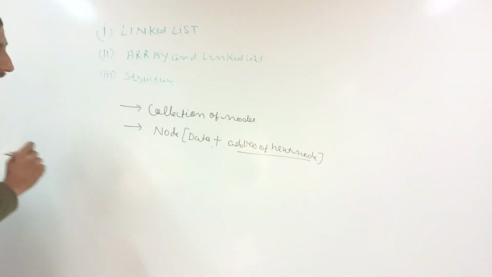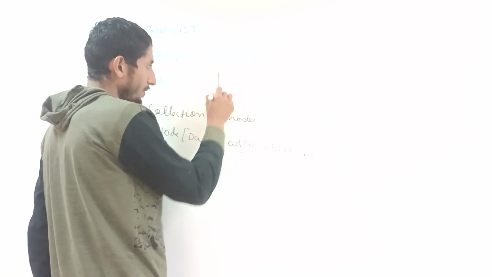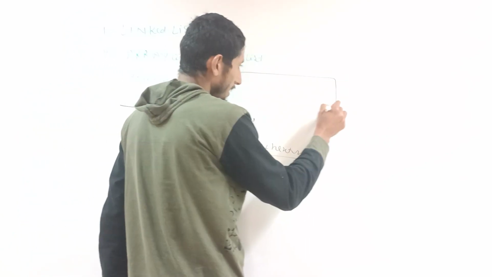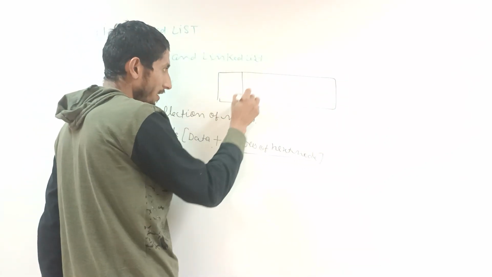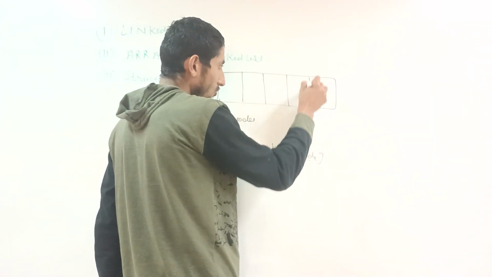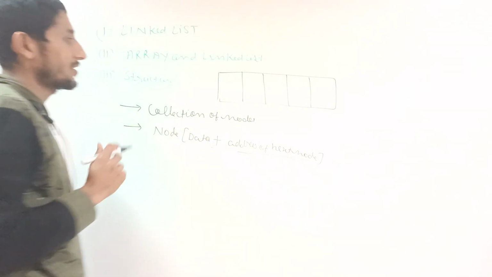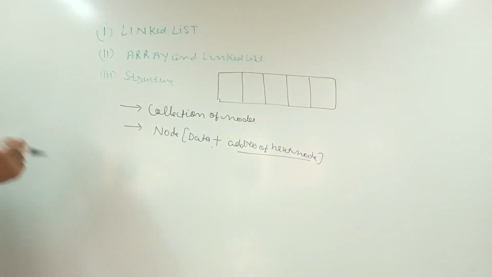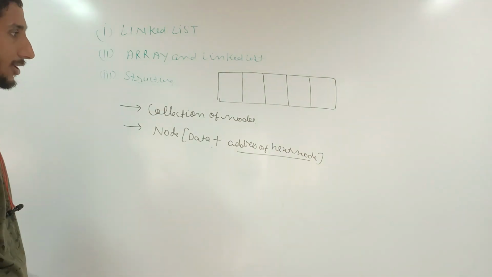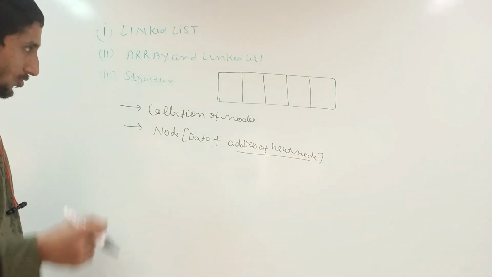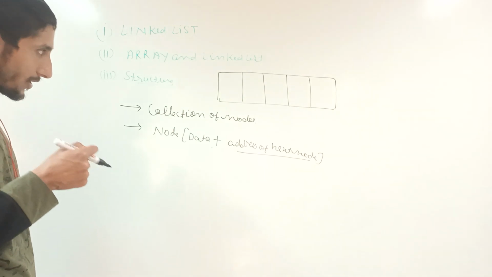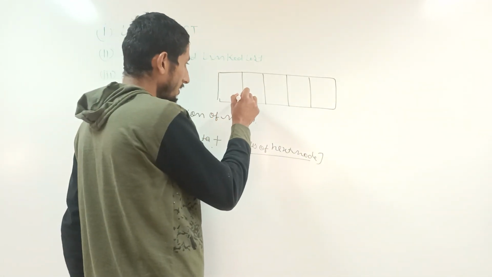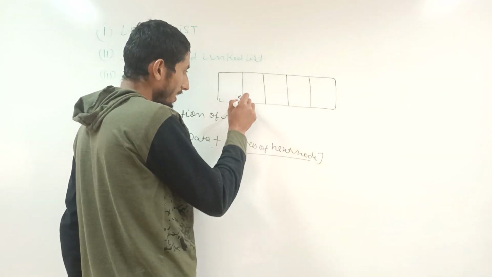When we talk about the array, what is the meaning of array? The meaning of array is that I have a memory which has been divided into equal size blocks. That is the concept of array. So there is no need to keep track of information regarding blocks.